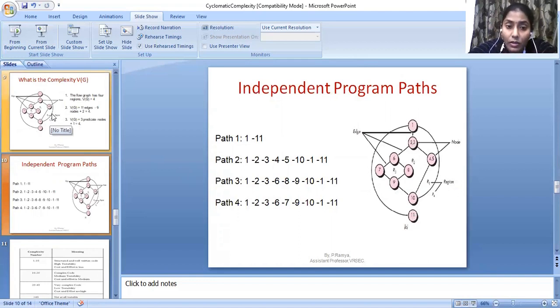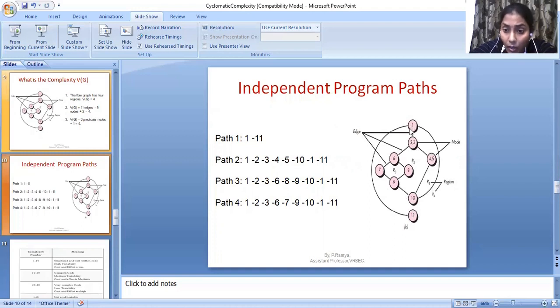So from 1 to 11, there is a direct way, 1 to 11. Or you can go like 1, 2, 3, 4, 5, 10 and 1 and again 11. This is one more path.